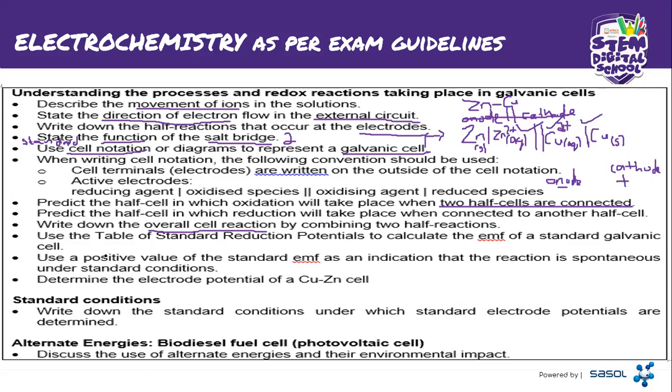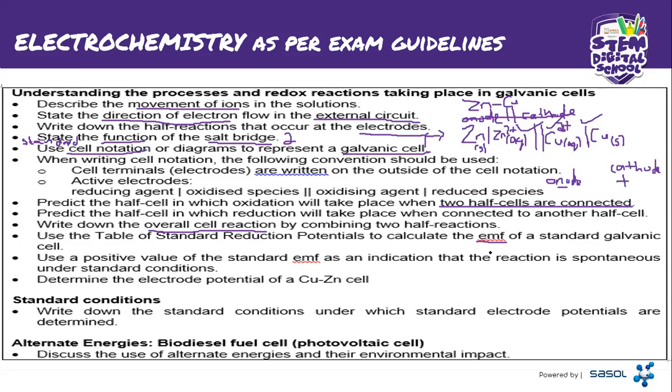And we must be able to use the table of standard reduction potentials to calculate the EMF of a standard galvanic cell. My dear learners, please remember this. In a galvanic cell, we will get a positive EMF altogether because the reactions are spontaneous. We talked about this yesterday. So the reactions are spontaneous, so we will have a positive EMF value.